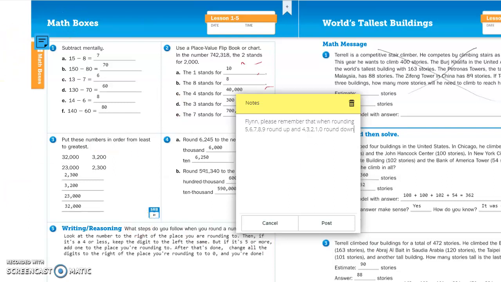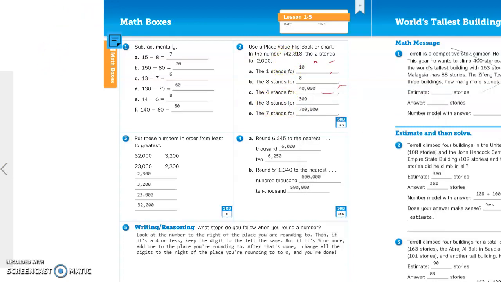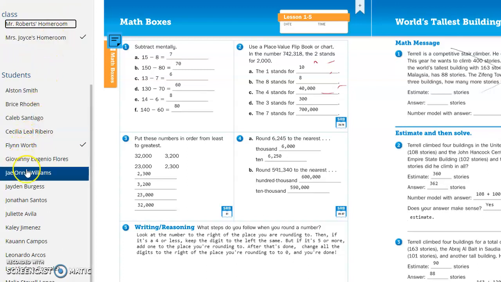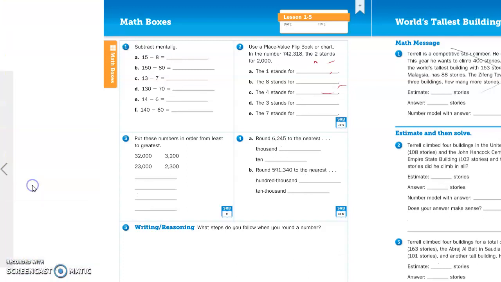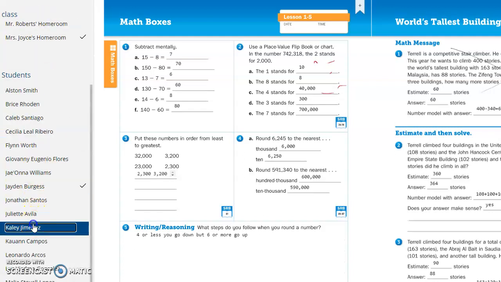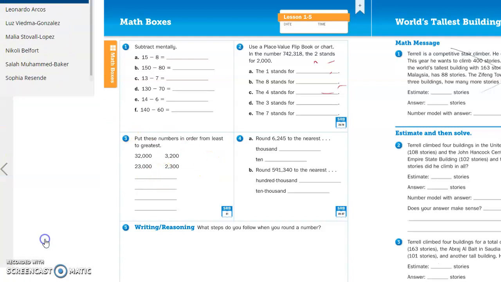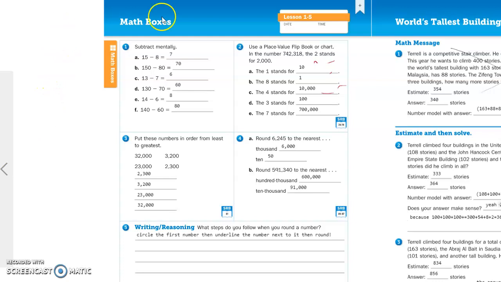So it's pretty cool. Also, when I have them working, if I have them in breakout groups, I could actually click, and let's say I wanted to see a different student. Here's Jaden's. Kaylee's is not done. Kawan is finished.